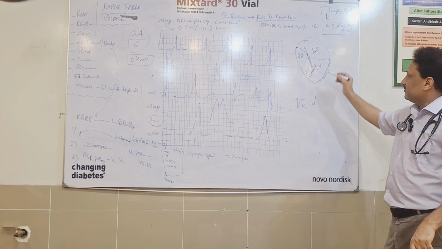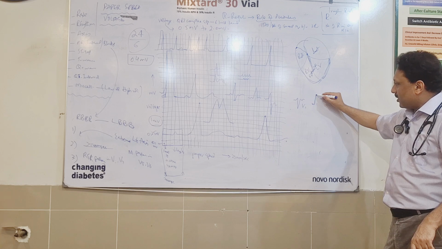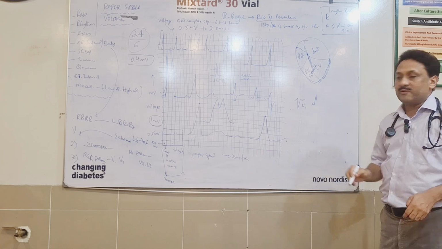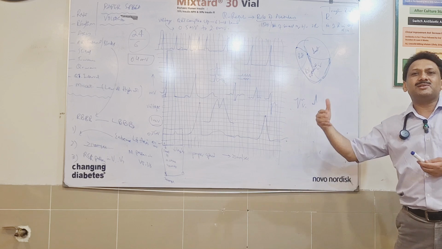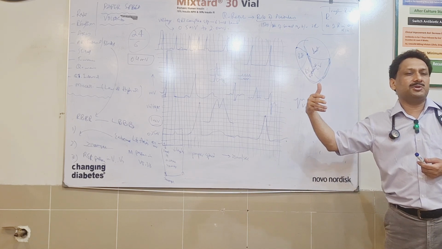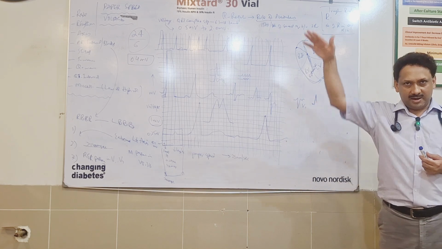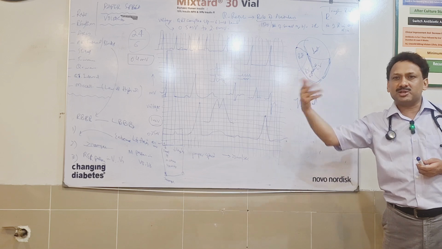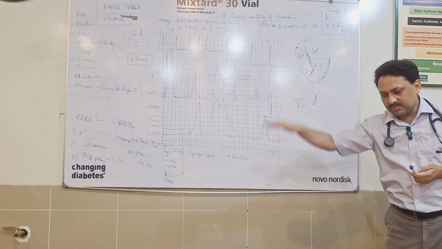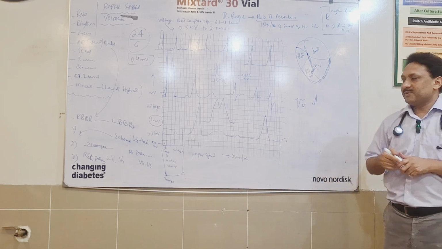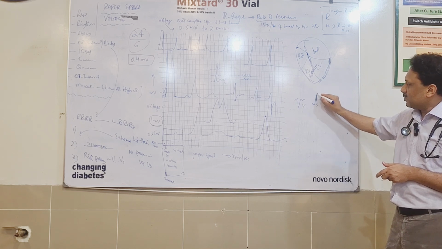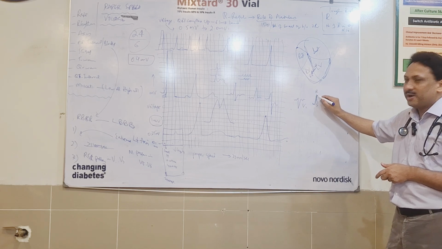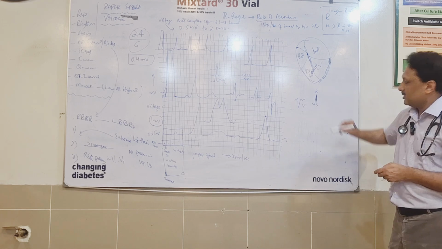What will happen next? This wave will start falling. Why will it start falling? Because as there is ventricular depolarization, then ultimately the action potential settles down and it is going to come back. As it comes back, you call it S wave, and as it goes above, you call it R wave. So this would be the situation.